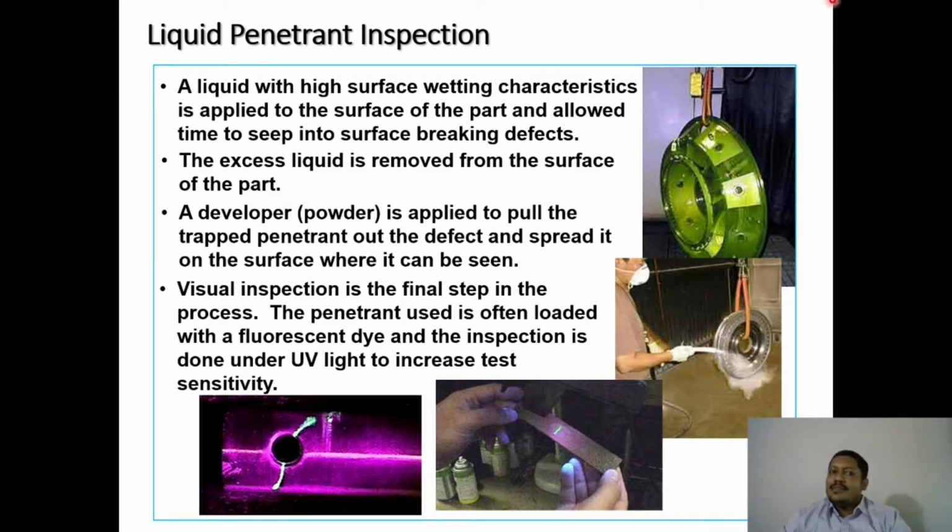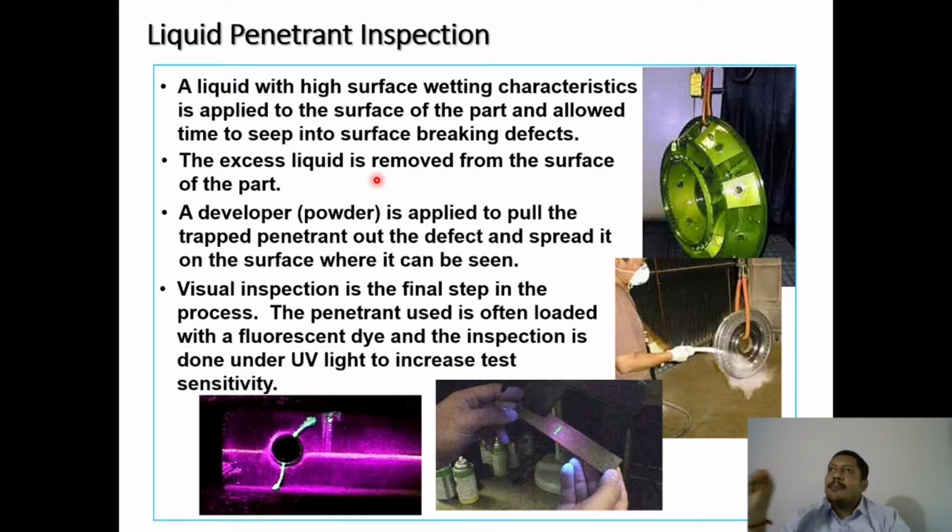First you apply a liquid penetrant on the surface. You allow some time for the liquid penetrant to get penetrated into the crack. Then the surface is completely cleaned off, but the liquid present inside the crack is not removed, only the surface is cleaned.